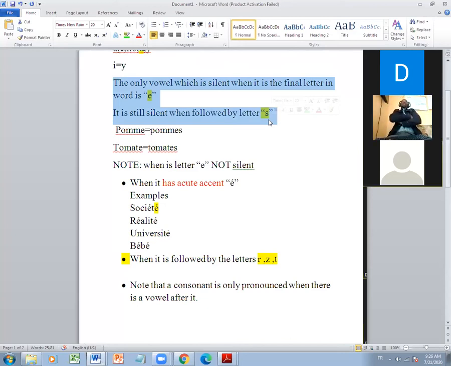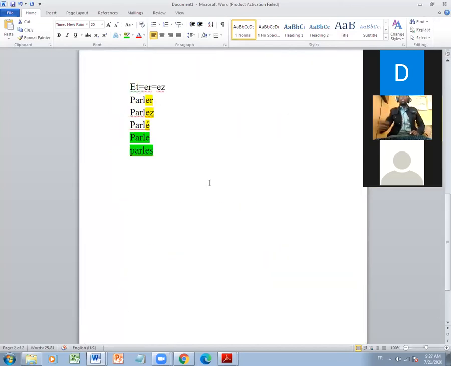The only vowel which is silent when it is the final letter in a word is E, and it is still silent when followed by letter S. So how will you read the last two? So then parler. This, the second last, and the last one.